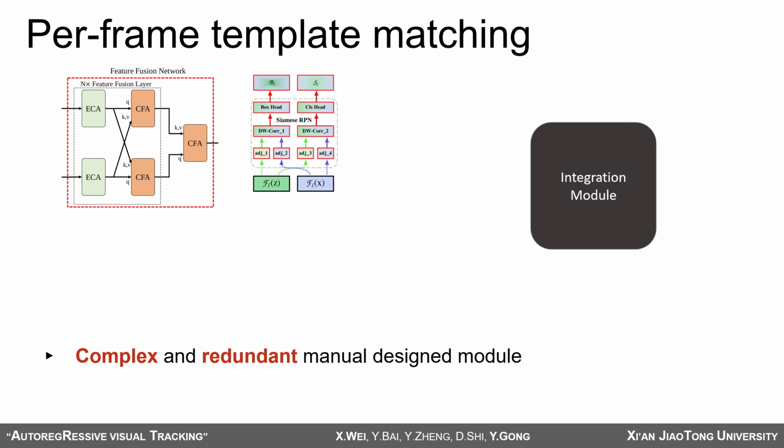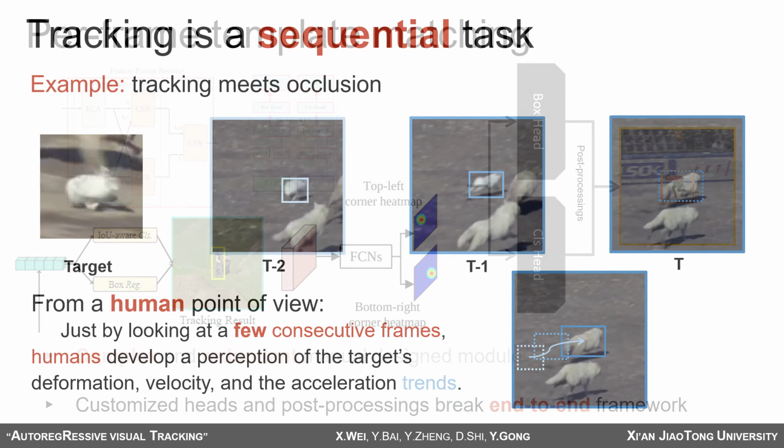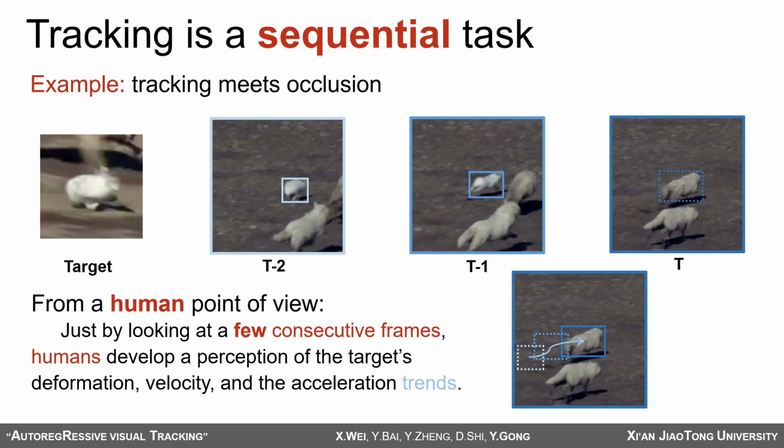However, the incorporation of intricate and redundant manual design modules presents challenges in optimizing the model for edge devices and undermines the overall simplicity of the model. The use of customized heads and post-processing techniques introduces complexity and a need for individual training, thereby compromising the end-to-end framework. Furthermore, per-frame template matching overlooks the significant temporal dependencies present among video frames.